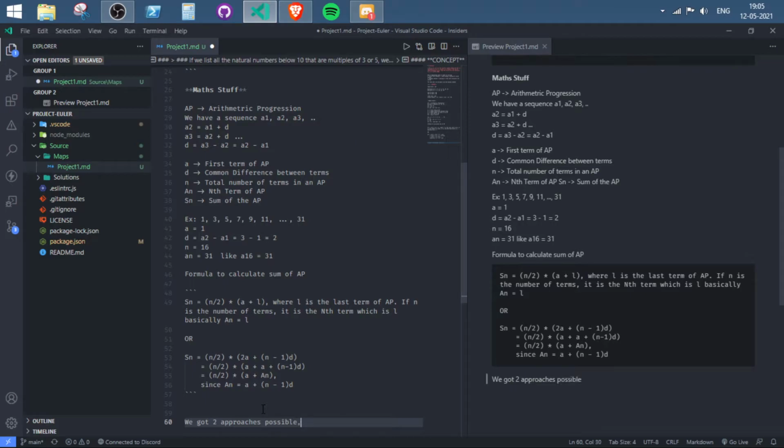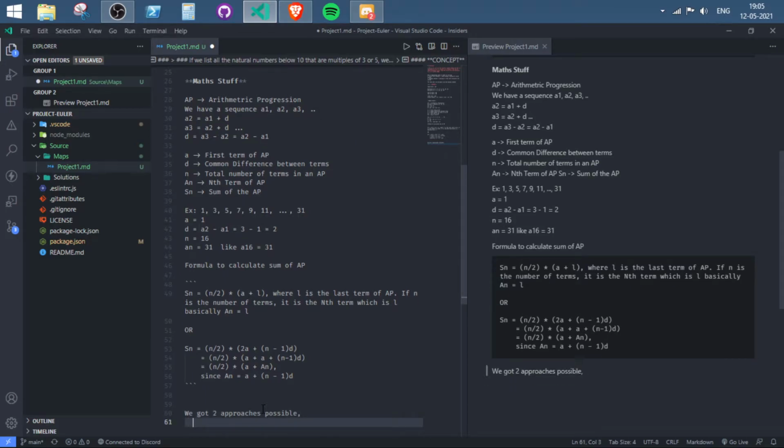Possible. One can be found by taking the upper limit, which is common in both, getting n, which we are gonna need, and directly putting it in the formula.